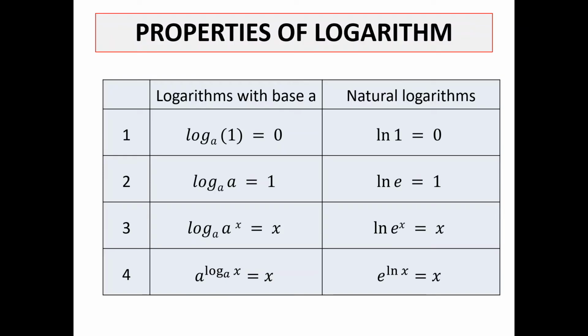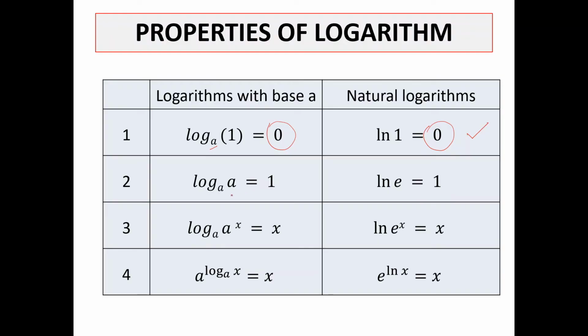The first property is log 1. Log 1 to any base, we will have the solution as equal to 0. So log 1 base a or log 1 base e or log 1, the result will be 0. That one is property number 1.